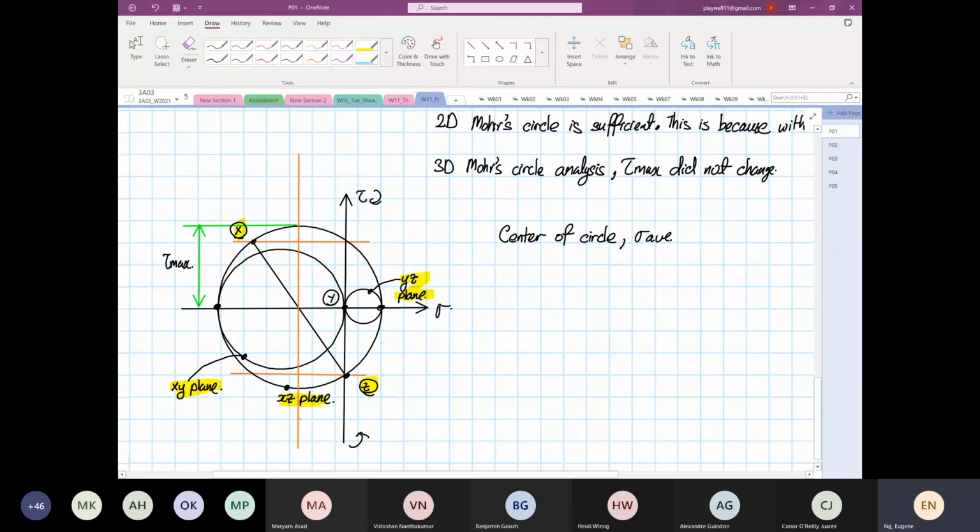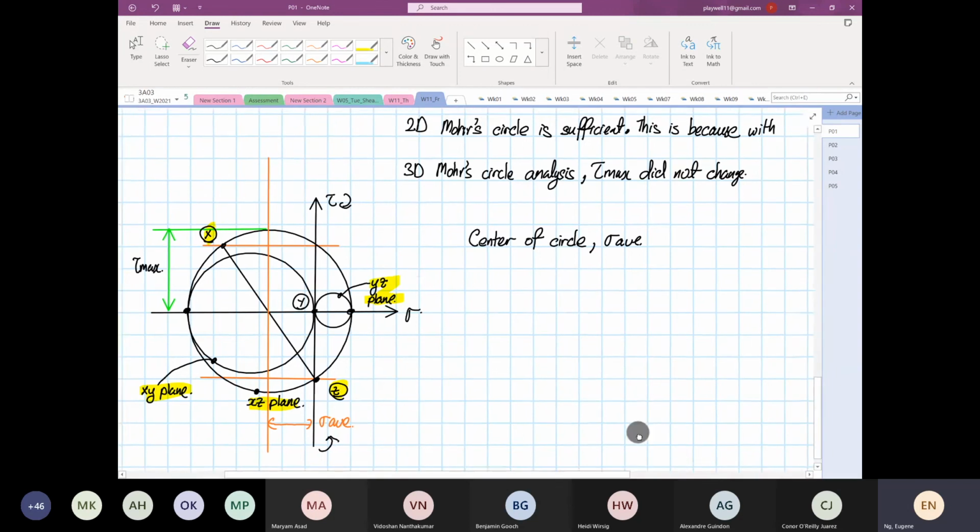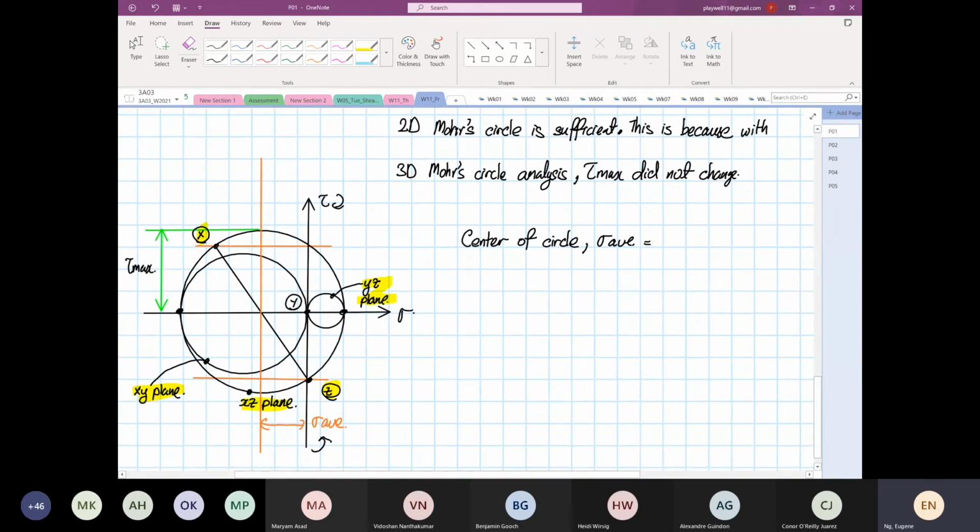So the distance from here to here is our stress average. As you can see over here, the stress average is equal to normal stress X plus normal stress Z divided by 2.